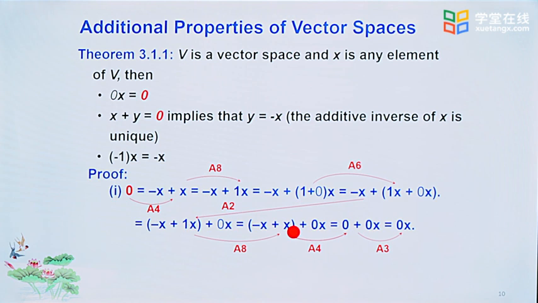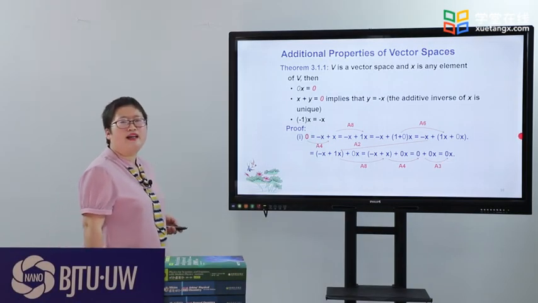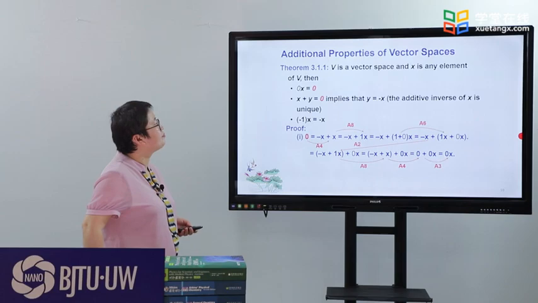Okay, and from axiom 4, we know minus x plus x just equals the zero vector here, and the zero vector plus 0 times x is just 0 times x itself. So the zero vector just equals the scalar 0 times x. So we can show this from the definition of a vector space.